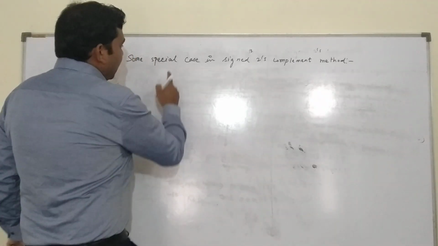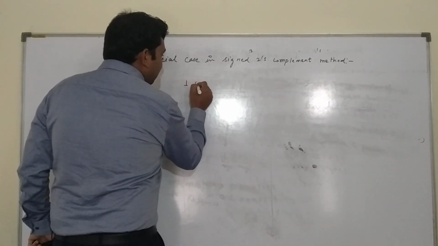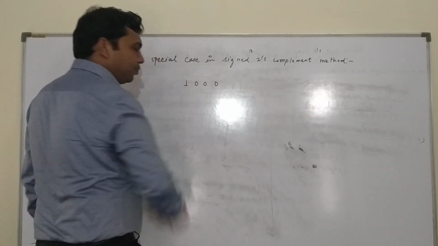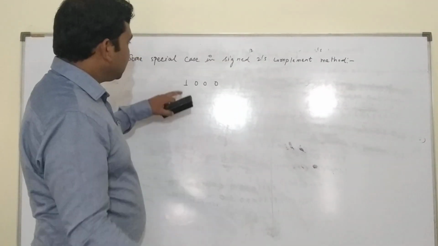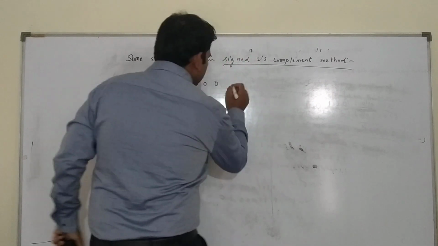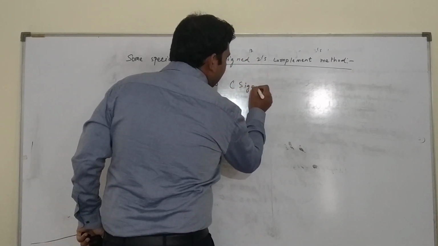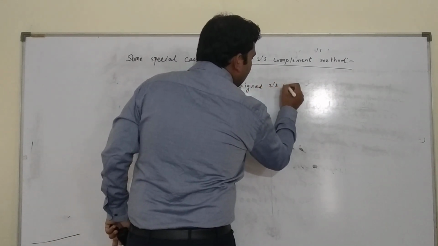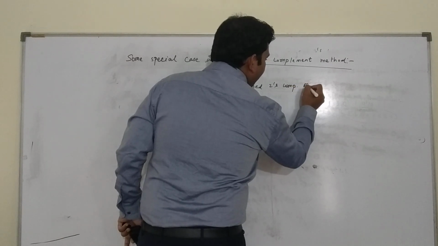Suppose a number is written like this, 1 0 0 0, meaning this number is written in the signed 2's complement method.